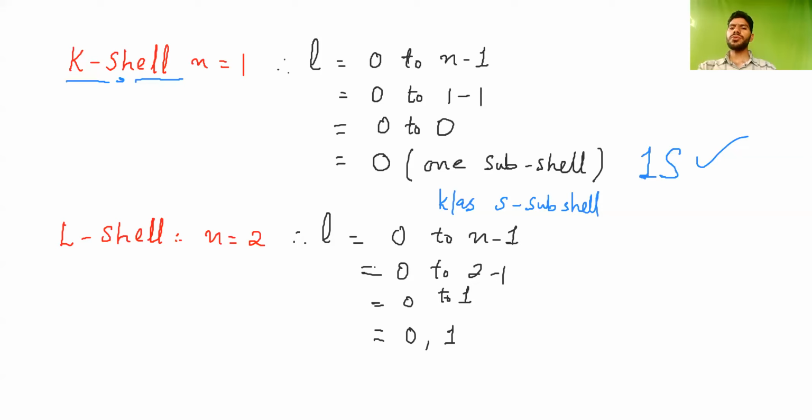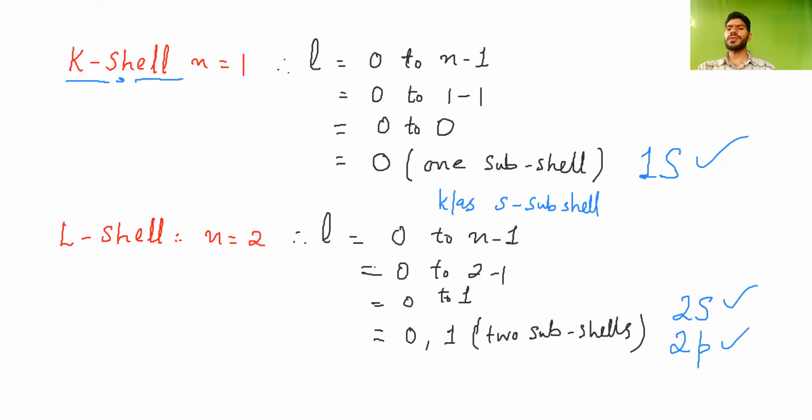So there are two subshells. One is known as S subshell, another is known as P subshell. The names are 2S subshell and 2P subshell. These are the two subshells present in this L shell. Got it? Is it clear?